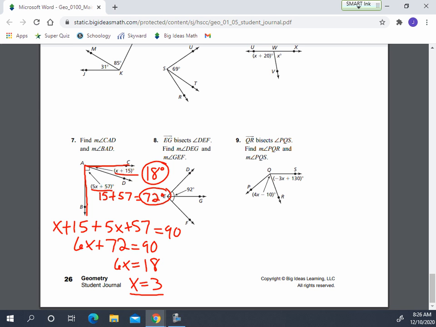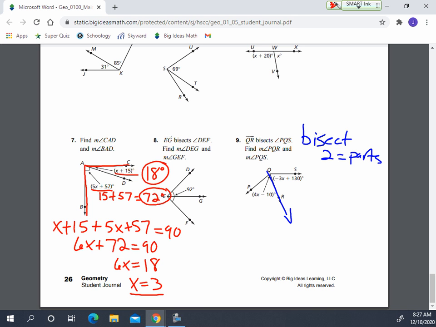Number 9, last one I'm going to go through with you. QR bisects PQS. Find those two angle measures. Okay, this is a great thing. When we say bisect, remember bisect is 2 equal parts. Okay, that's important to know. So if these are 2 equal angles, we can set them equal to each other.